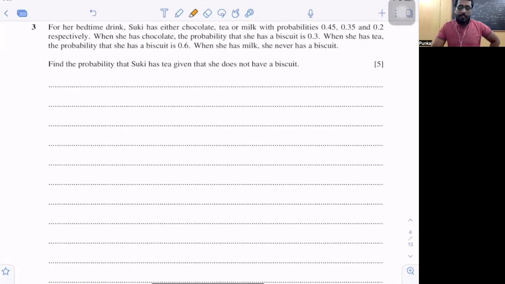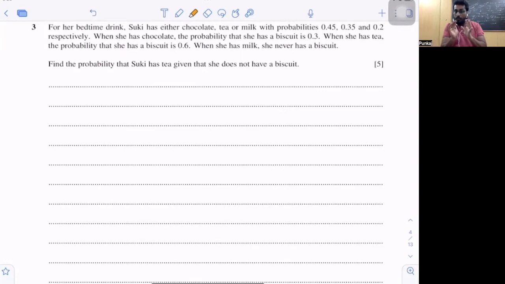Now further it is said that when she has chocolate, the probability that she has a biscuit is 0.3. So along with the chocolate, she also has a biscuit. That probability is 0.3. And if she's taking tea, then the probability of having biscuit is 0.6. And if she's having milk, then she never has a biscuit. That means probability of having a biscuit when she takes milk is 0, right? Find the probability that Suki has tea given that she does not have a biscuit.